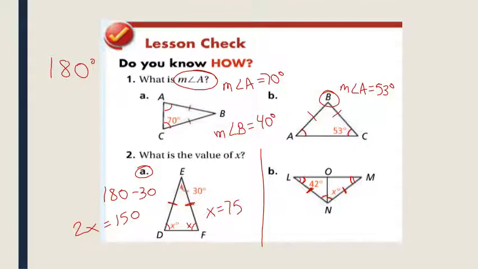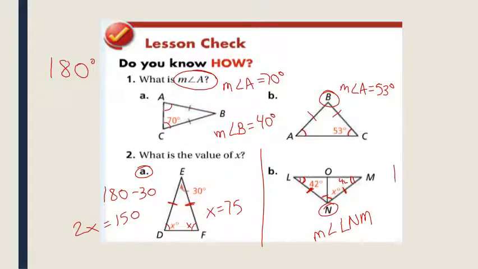So we actually could prove these two triangles congruent by angle side angle. We know this is 42 degrees here. You can do a lot with this, but I think the easiest way to do this question is to find the measure of angle L and M, the entire thing here, and then divide it by 2.